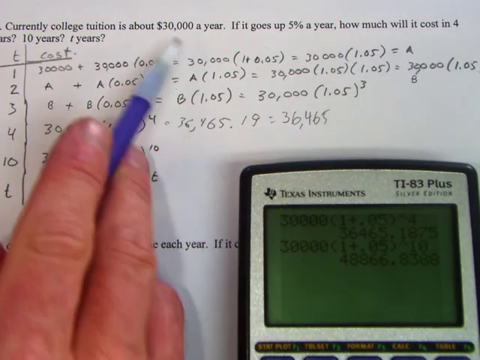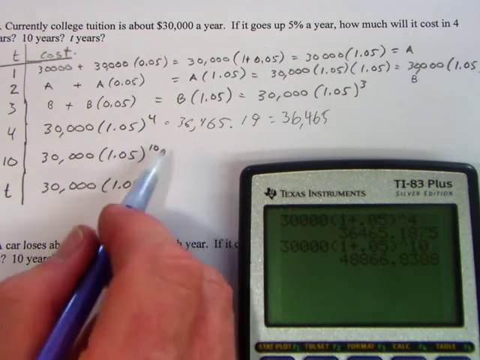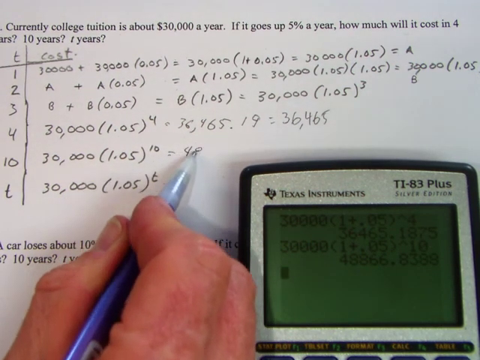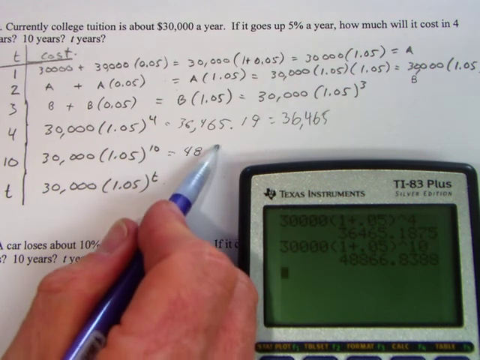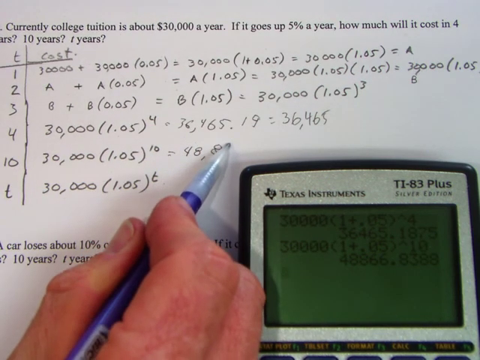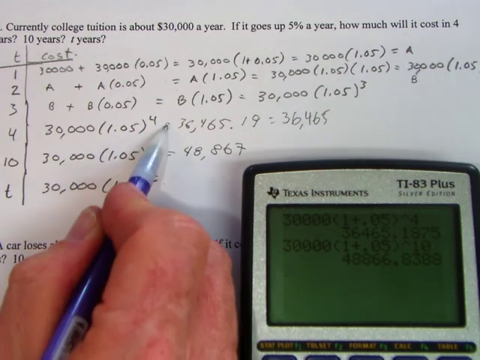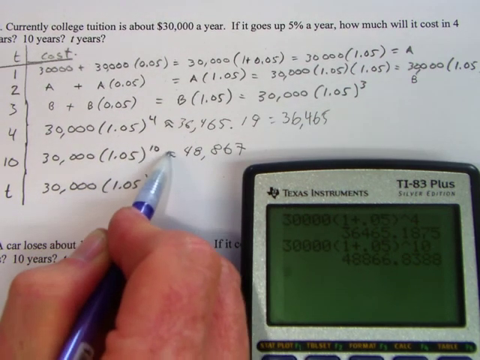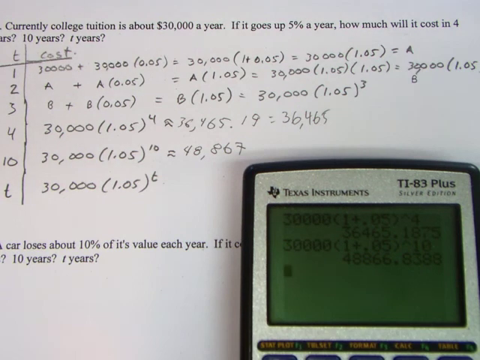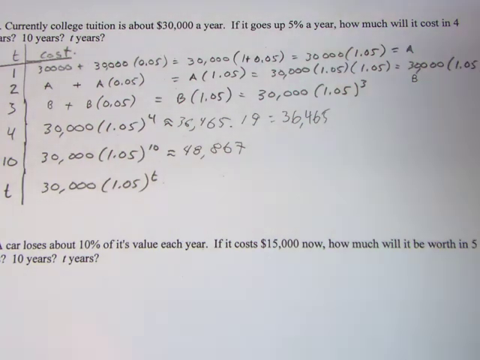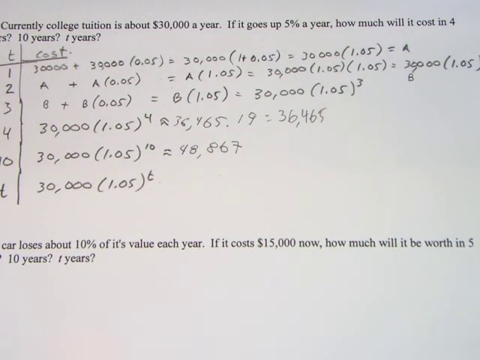That's probably even too exact, because this is probably an estimation anyway, but it's possible. I'm not quite getting into sig figs here. And the other would be 48,867, approximately. Now, if we're taking a quiz or test, I'll tell you exactly what to do for that. And then we have our expression for 30,000 times 1.05 to the t, and that's it for that one.